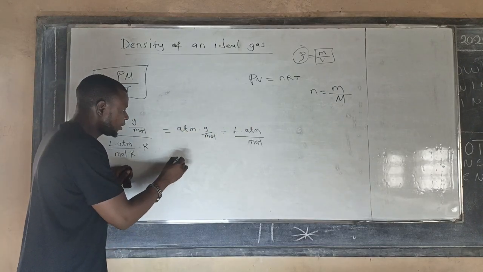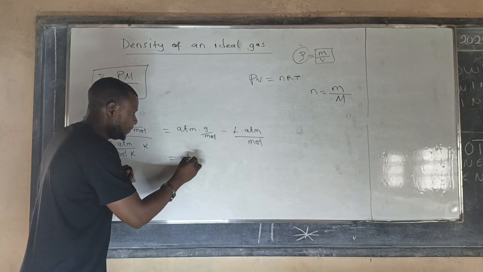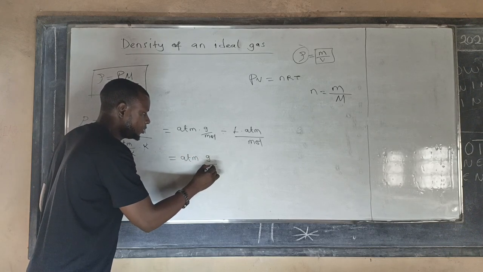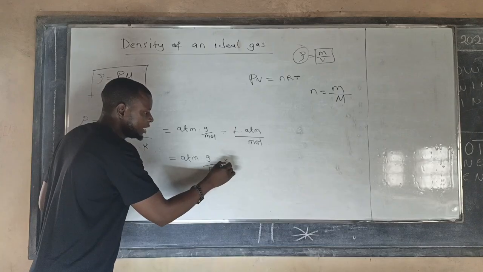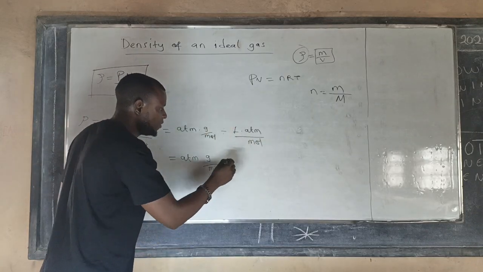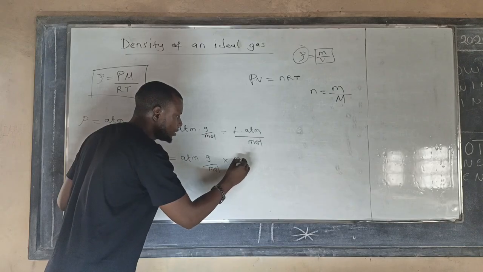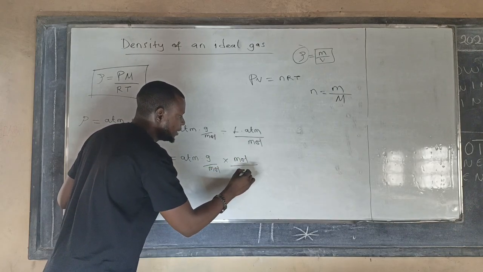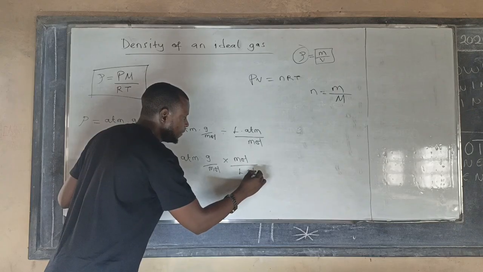Now, atm multiplied by grams per mole. We change the division sign to a multiplication sign and switch what we have there, so we have moles on top, divided by liters multiplied by atm.